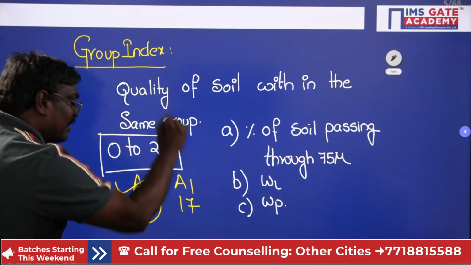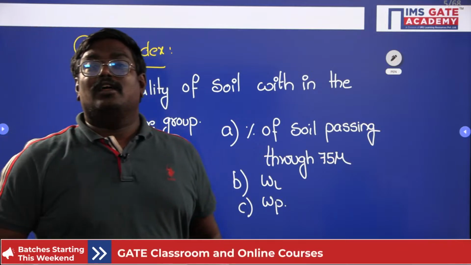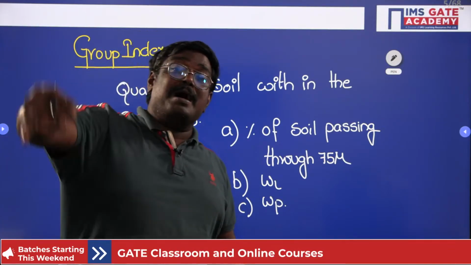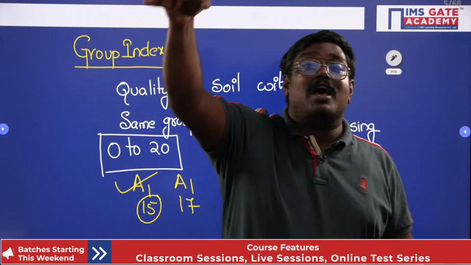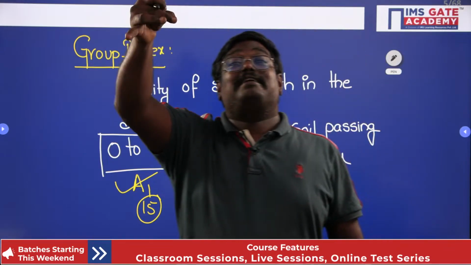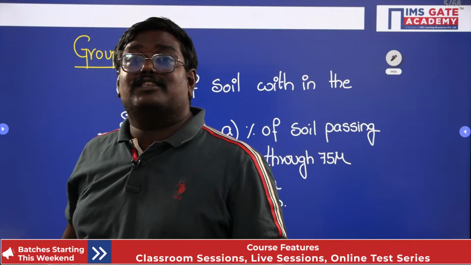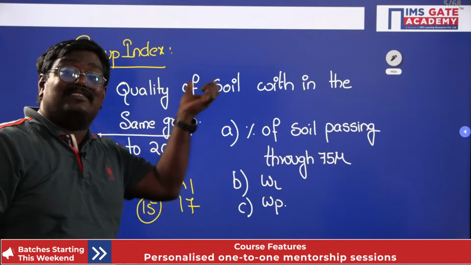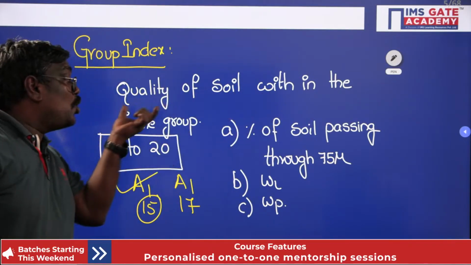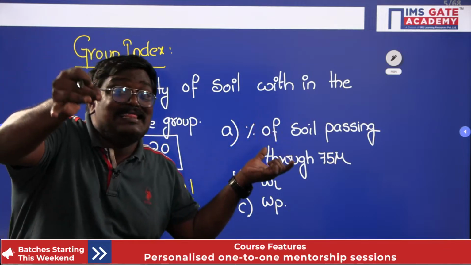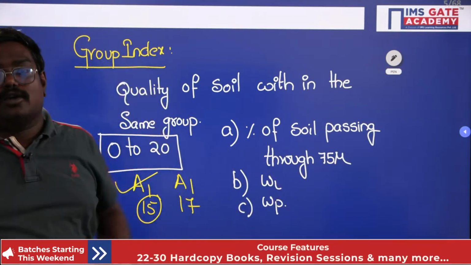Then with A1, Srujana has the best soil. Are you getting me? So remember, smaller the group index, better is the soil for pavement. So group index is used to indicate the quality of the soil within the same group. That makes a lot of sense.